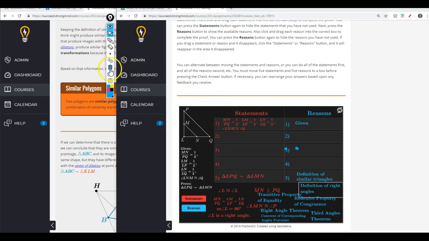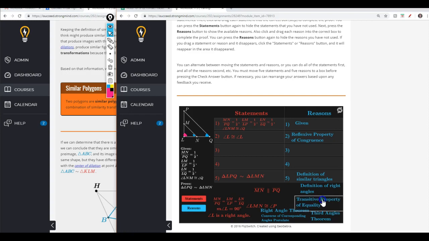And so now, since we already have two of the angles that are similar, let's go and prove what the other ones are. The easiest one I can see is proving that angle L is congruent to itself because it's the same angle.